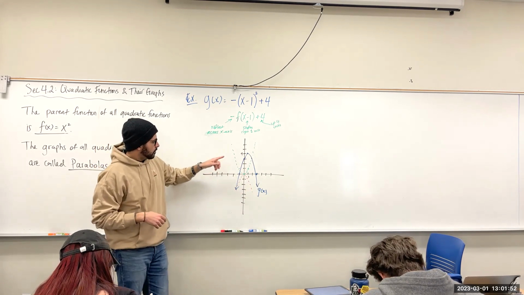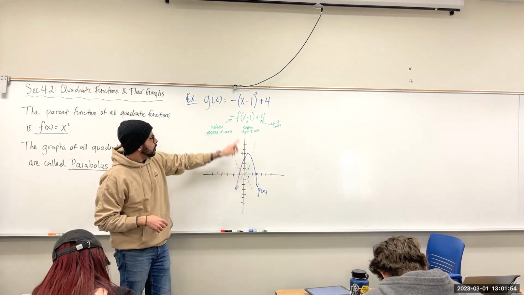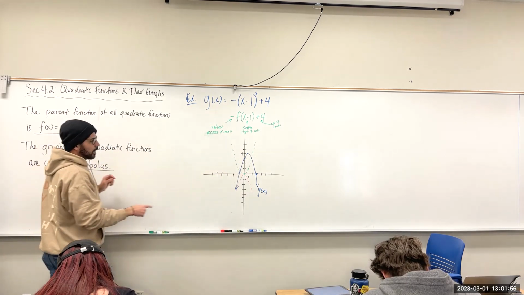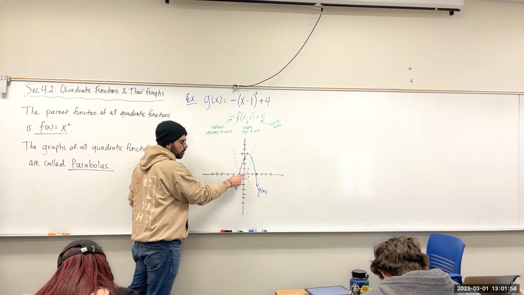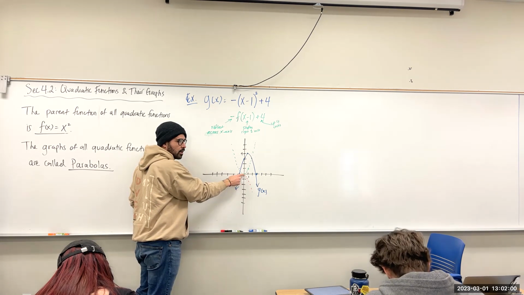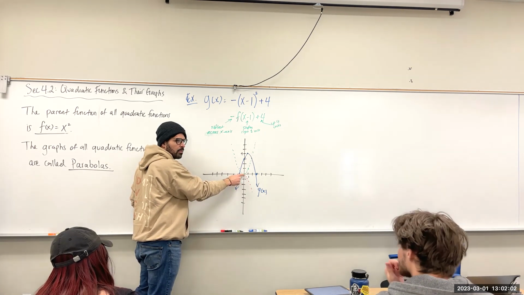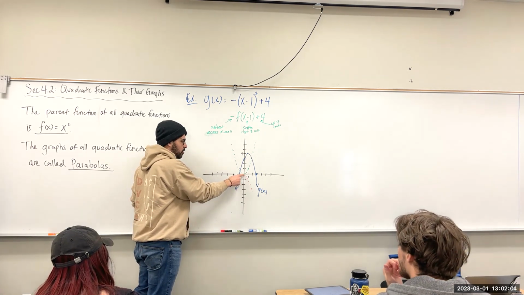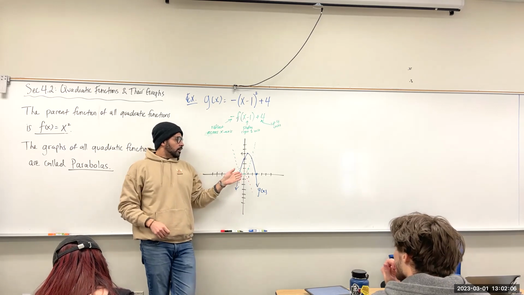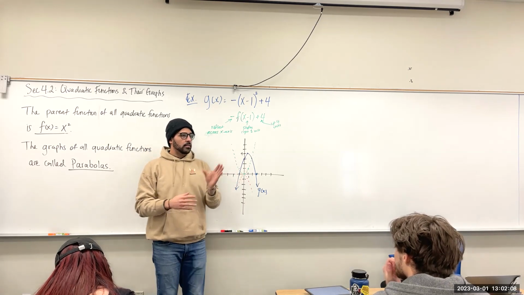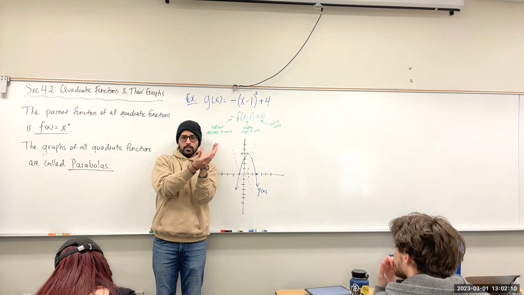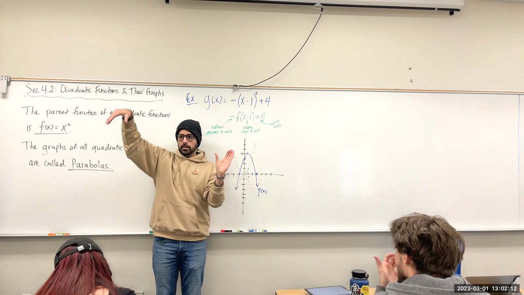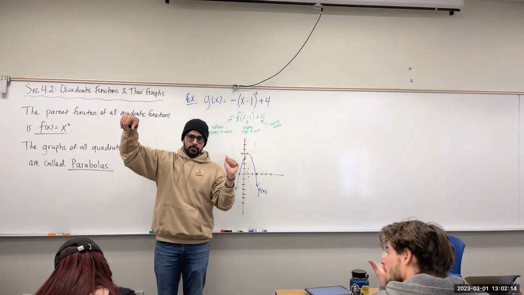Okay, let's see. So the original quadratic had this low point down here. What were we calling this point? Did we give it a name yet? Origin. Okay, so the parabola is either going to have the lowest point or the highest point. That's what we're going to call the vertex.